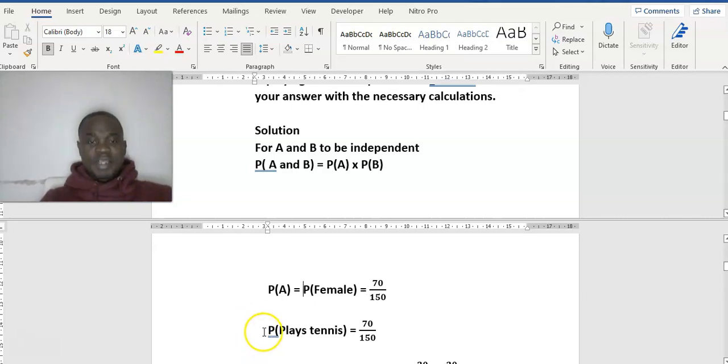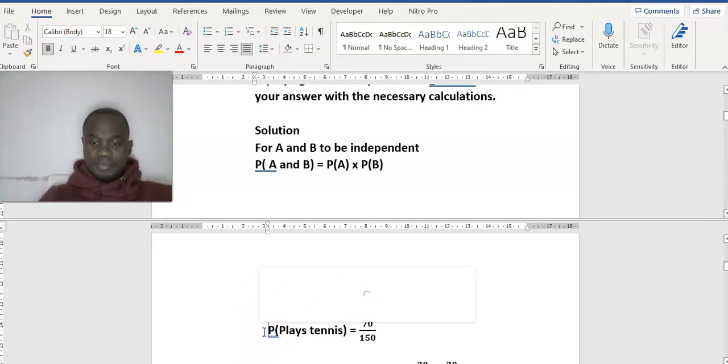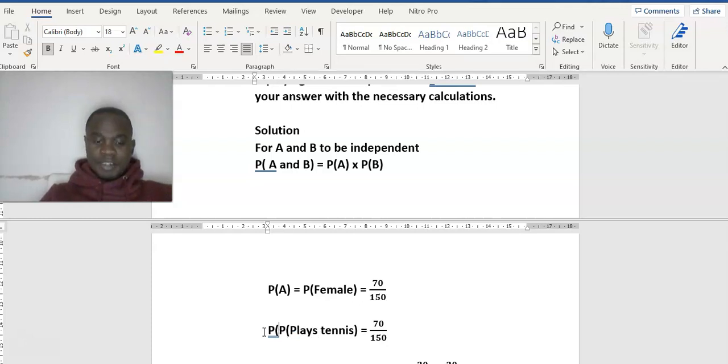And the probability of playing tennis is the probability of B. That one is for those who play tennis.